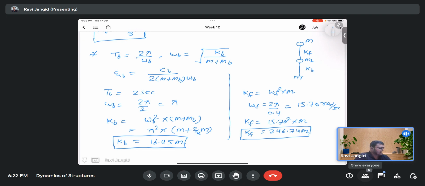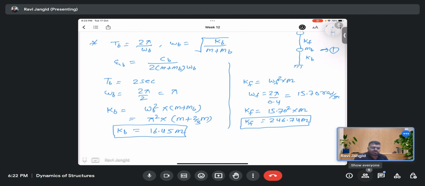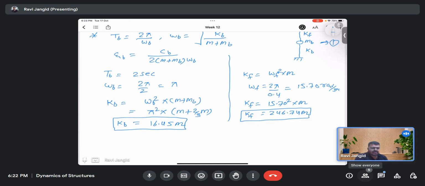So at the base isolated, I can call it degree of freedom 1. It is 263.19 M. You are giving the stiffness matrix, no? Yes. So stiffness matrix would be K is equal to KB plus KF, minus KF, minus KF, KF.